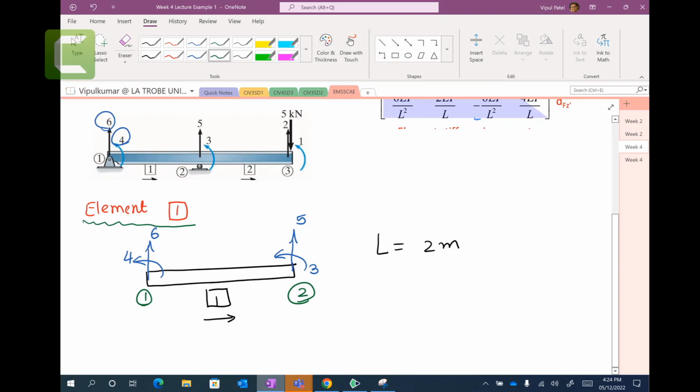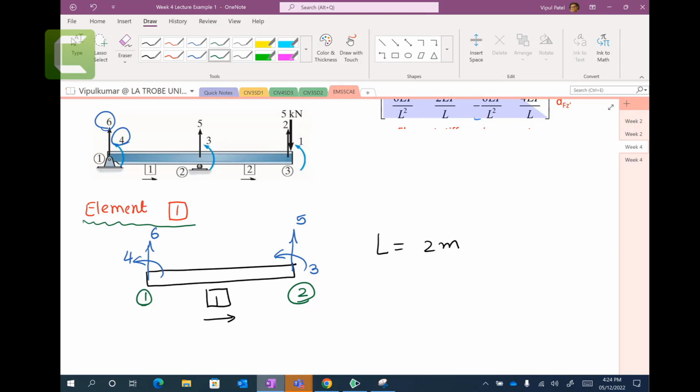And when I draw these figures, if you don't understand some of these details, you let me know. So far, so good. I drew element number 1, and I drew the degrees of freedom. I drew a square bracket to show element number 1.